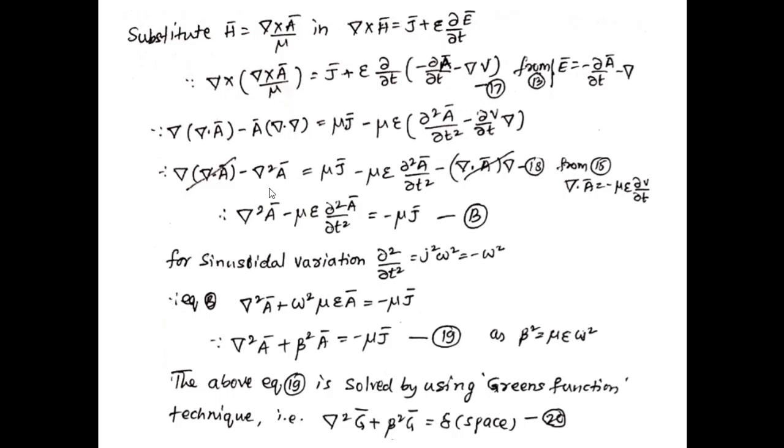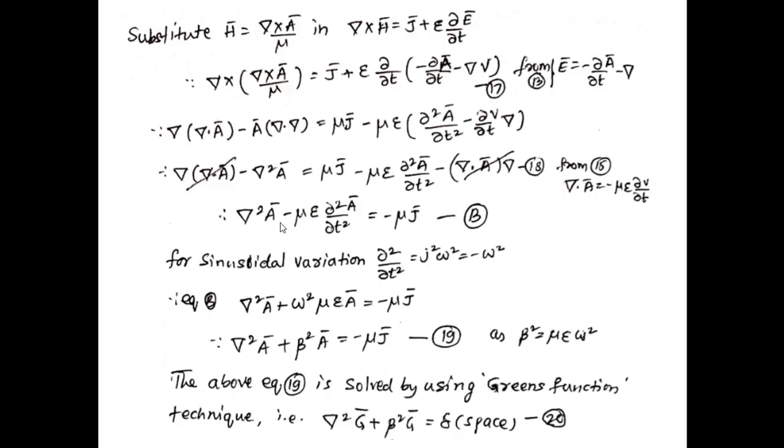We get minus del square A bar is equal to mu J bar minus mu epsilon dou square by dou t square A bar. Therefore, del square A bar minus mu epsilon dou square by dou t square A bar is equal to minus mu J bar.